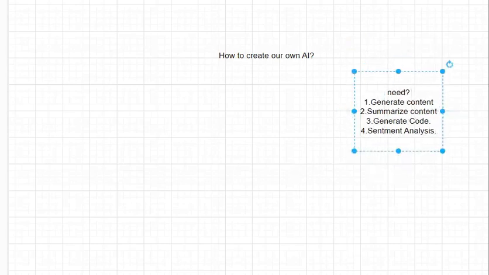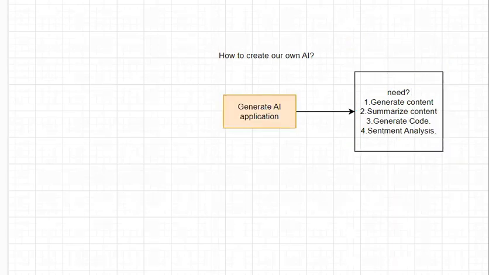So since we are learning, we need to create a GenAI application, that is a generative AI application, in order to fulfill all my needs. Okay. Now let's have a question. I want to create this GenAI application fully on AWS.